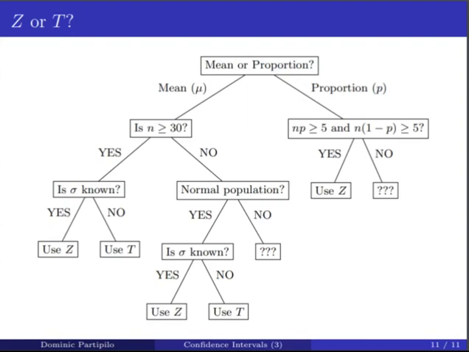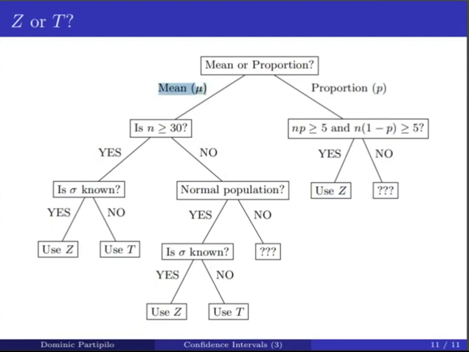And if we construct a confidence interval for a proportion, then all we need to do is check our conditions. Is np greater than or equal to 5? And is n times 1 minus p greater than or equal to 5? If so, then we're allowed to use Z for our confidence interval. And if not, then we don't have enough information to construct the confidence interval.